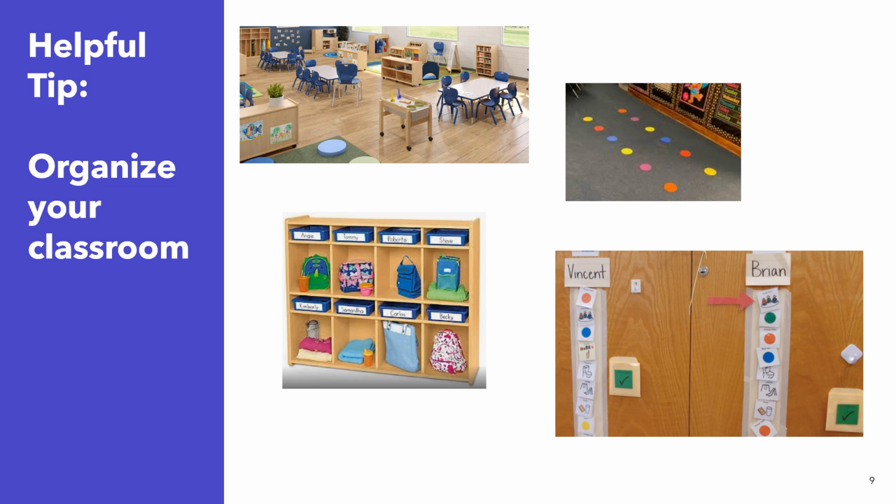So, of course, if you want to make sure they're washing their hands correctly, we want to be sure the soap is in the bathroom and the plates and napkins are in the snack area for snack time. And always, keeping the students' updated schedule in the same classroom location will make sure students know exactly where to go when you ask them to check what is next in their schedule.